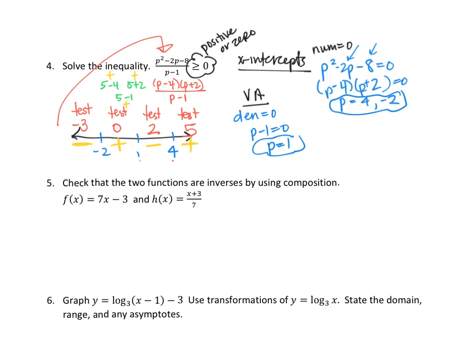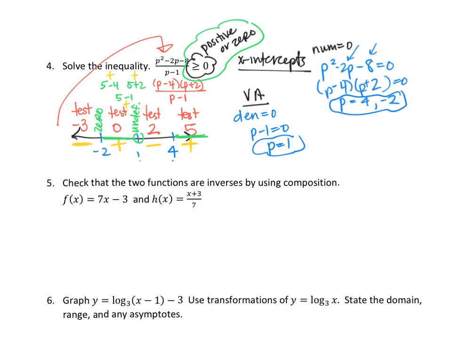So when we look at the original question, it wanted us to know we were positive or 0. So we know that we're talking about that in-between section and then that section there. Now we need to be a little careful. Negative 2 was an x-intercept, so this is a 0. And 1 was a vertical asymptote, so we're undefined here. So we want to keep that in mind.